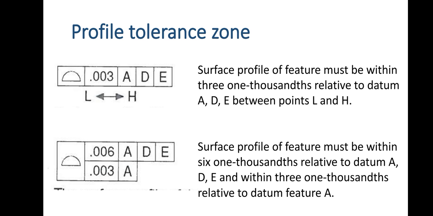And this one means the surface profile of a feature must be within 3/1000s relative to datum ADE between points L and H. You see that this is a very special symbol, and a lot of special symbols are there in profile tolerance zones. And the second symbol in the drawing means that the surface profile of the feature must be within 6/1000s relative to datum ADE and within 3/1000s relative to the composite tolerance to datum feature A.